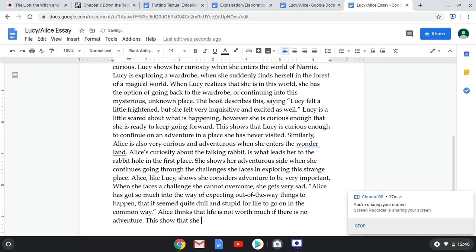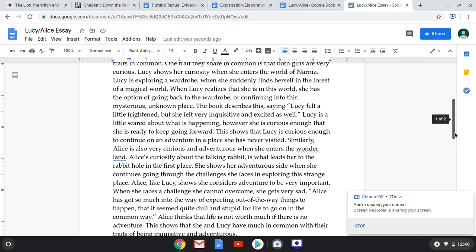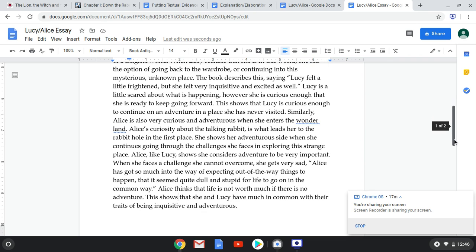This shows that she and Lucy have much in common with their traits of being, let's say, inquisitive and adventurous. Okay, so I did it again. This shows. Okay, so I have written a nice body paragraph comparing them.